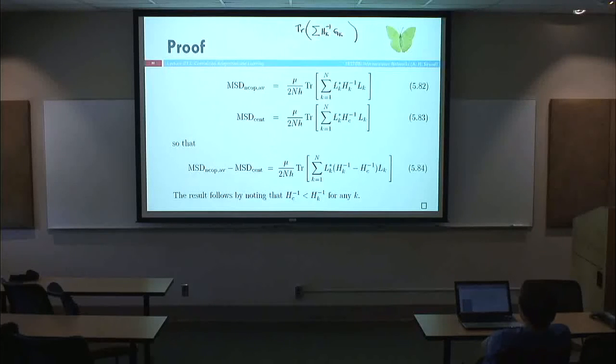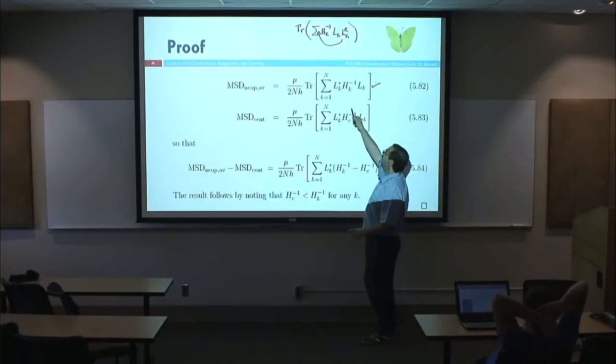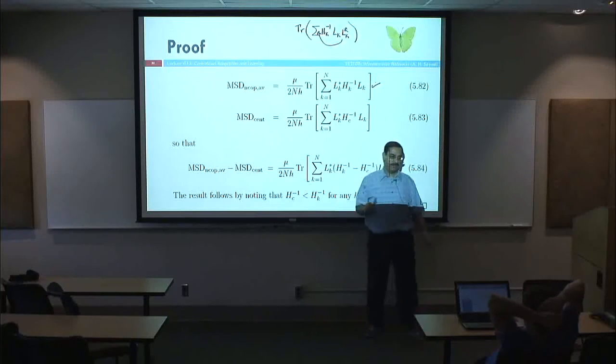Now I'm going to replace G_k by the factorization L_k L_k star. And because this is a trace, I can move this L_k and put it before the H_k inverse. That's what I did in the first expression. So this is still the MSD for the non-cooperative solution: the sum of L_k star H_k inverse L_k.